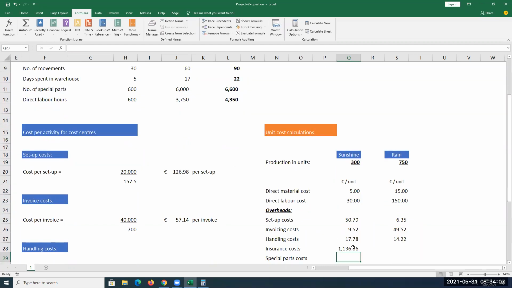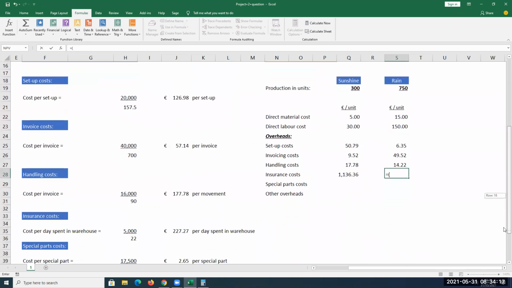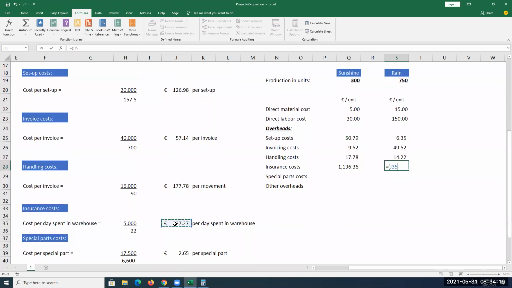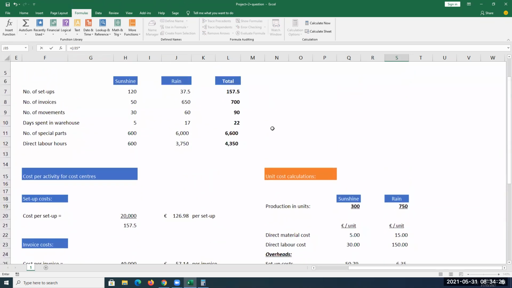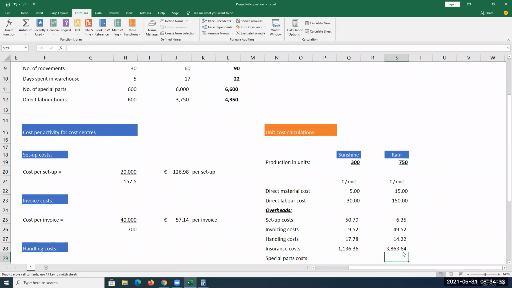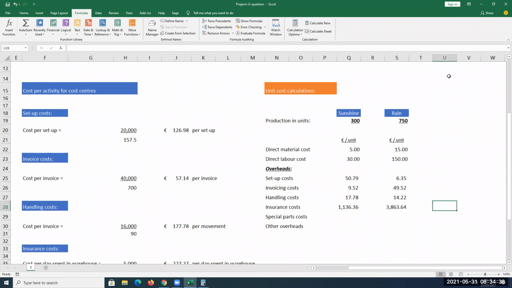So this is the insurance cost relating with the sunshine, and how much insurance cost is for the rain product, 227.27 multiplied by the days spent in the warehouse for the rain product, 17. So this is the cost relating with the rain. Now, if I add these two costs, you will see it is exactly 5,000.